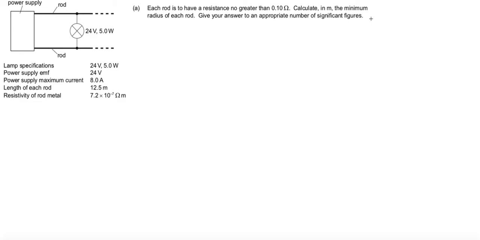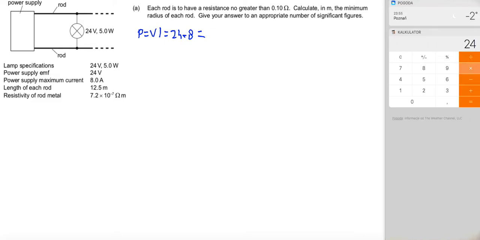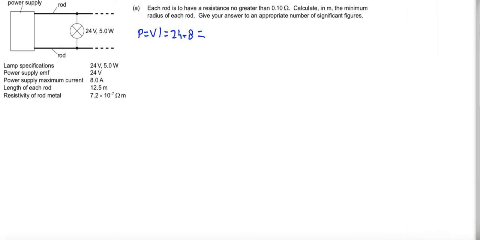So basically the question is about resistance. So let's look. We have the current and voltage of the power supply, so we can calculate what the power of this power supply can be. Yes, so the power of the power supply is V times I, so 24 times 8, which gives us 192 watts.